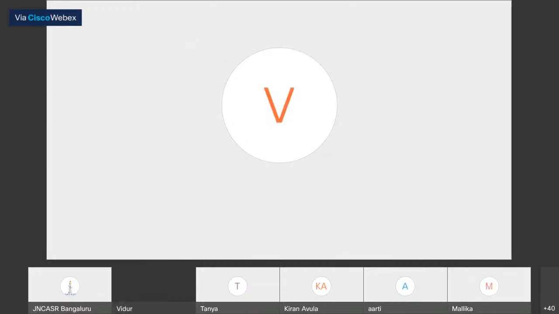Okay, I'll start then. I'm going to talk about fluorescence recovery after photobleaching. So for that, just give me a second. I'll share my screen. Okay, can everyone see my screen?